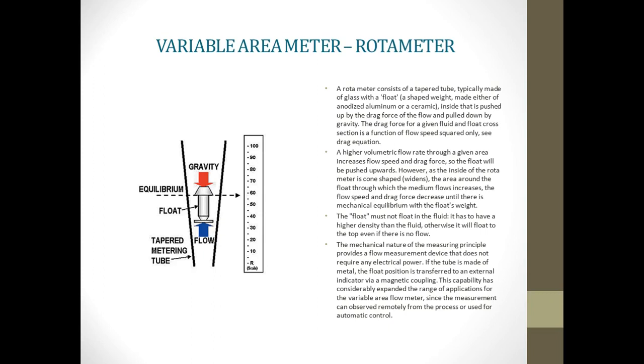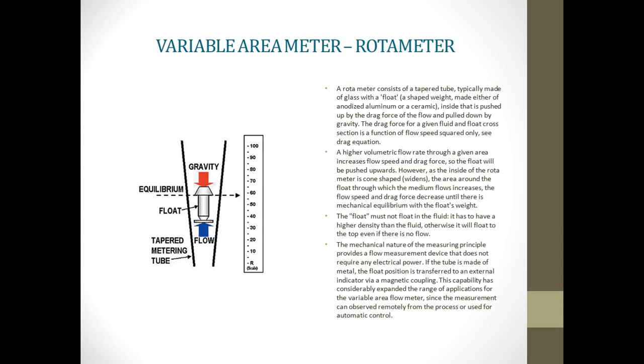The float is made of such a diameter that it completely blocks the inlet, that is the small end of the tube. When a flow starts in the pipeline and the fluid reaches the float, the buoyant effect of the fluid makes the float lighter. Usually the float has a density greater than that of the flowing material, so that the buoyant effect alone is not sufficient to lift the float.